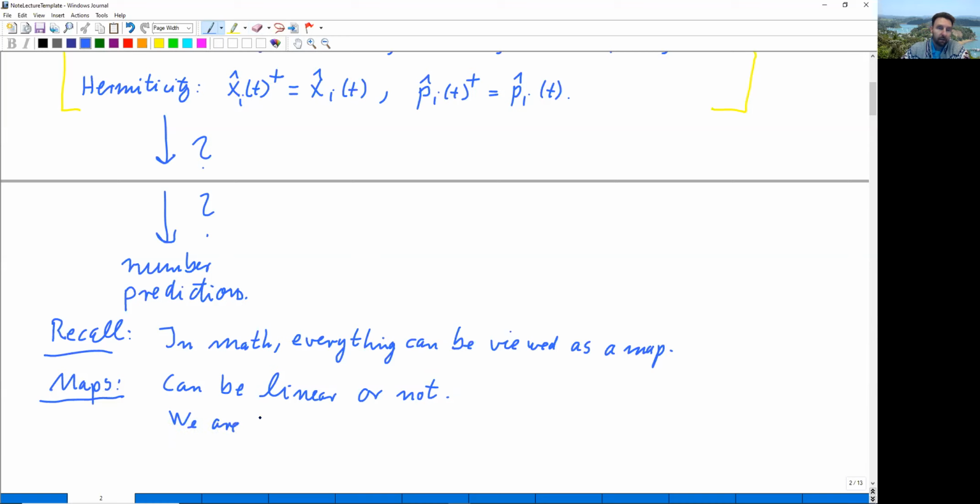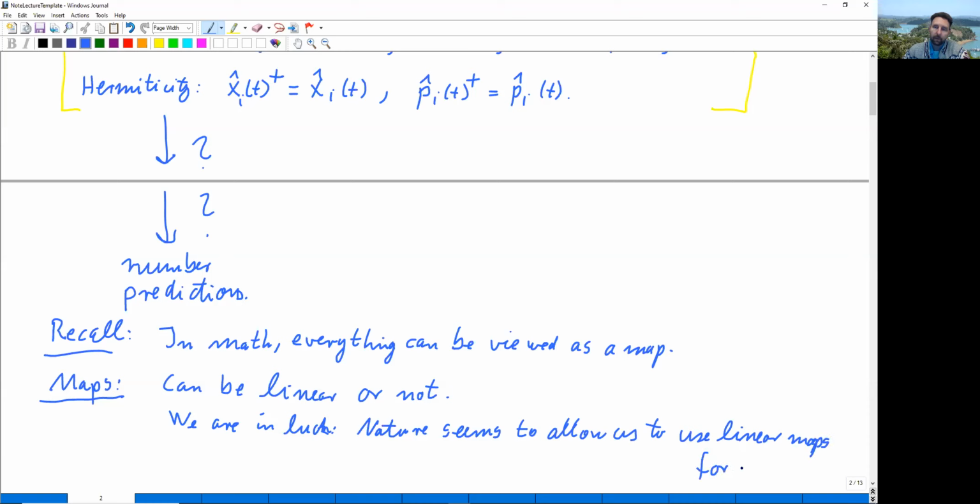We are in luck, because it turns out nature seems to allow us to use linear maps for quantum mechanics.